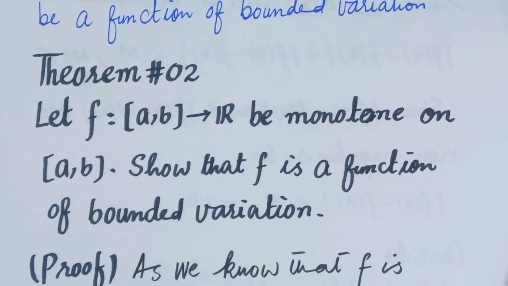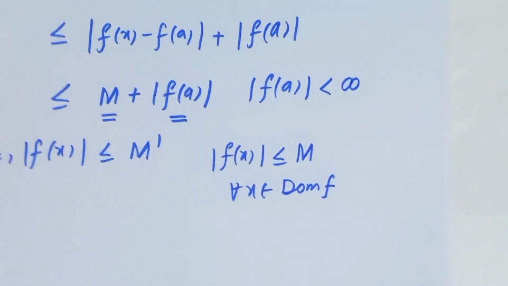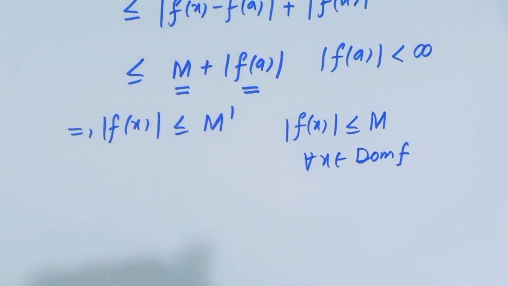Firstly, we discuss what we mean by a monotonic function. We know that a function f is called a monotonic function if it is one of these types.